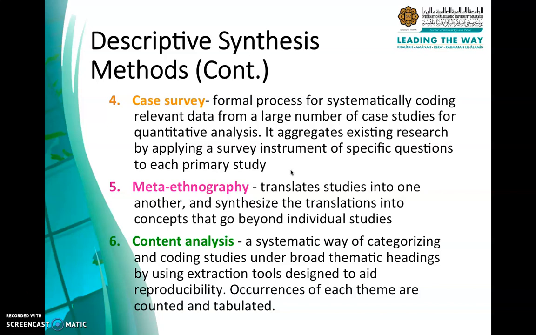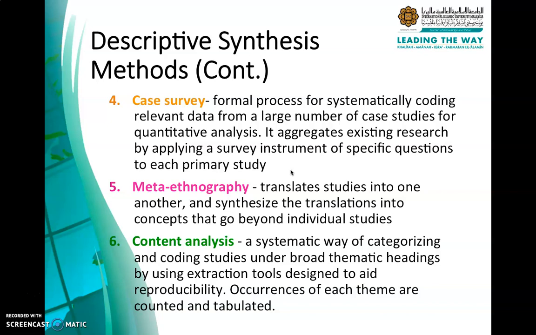Let's say there are a lot of quantitative studies reporting case studies, maybe more than 50% of your primary studies are performing case studies. Then it is feasible to perform a systematic coding approach.